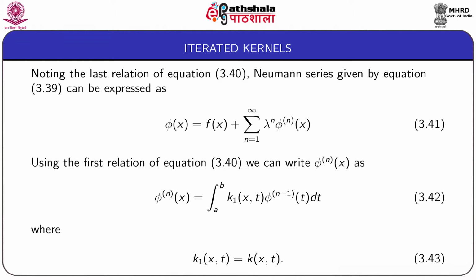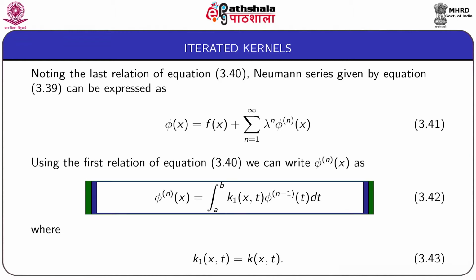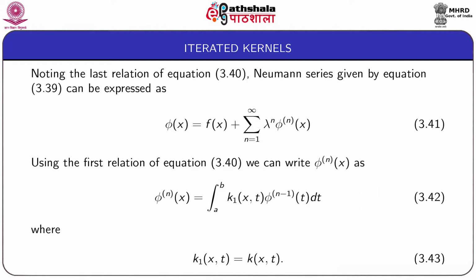Now, this function phi superscript n (x) can be written in terms of phi superscript n minus 1 (x) from the first relation of equation 3.40 as phi superscript n (x) equal to integral a to b K1(x,t) phi superscript n minus 1 (t) dt, as given by 3.42, where K1(x,t) we write as K(x,t).